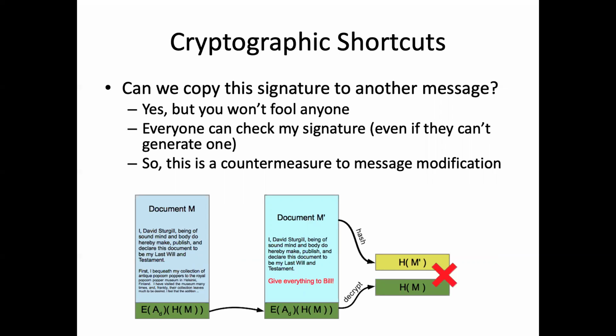Well, what's to keep someone from taking your document, taking the digital signature at the end, and just changing your document and leaving the digital signature there? Well, that's where the behavior of a cryptographic hash is important.